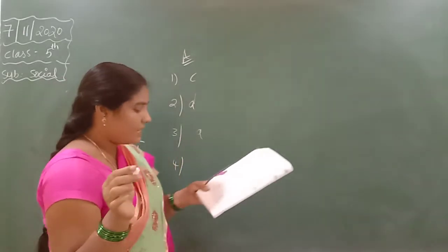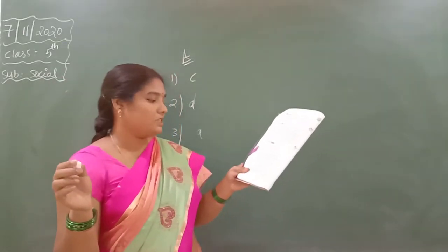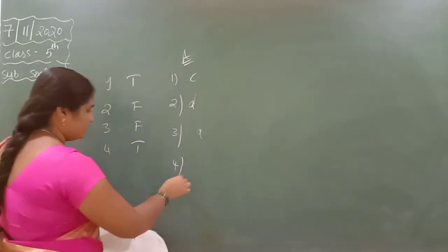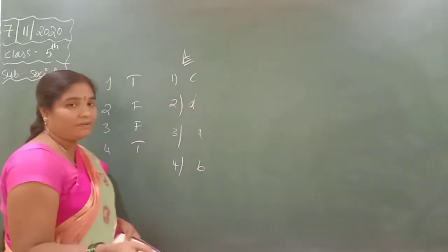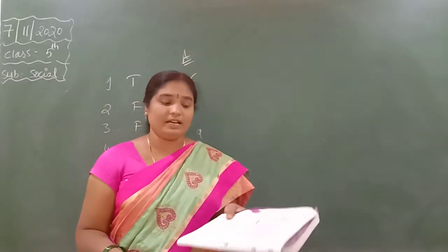Fourth one. The prime meridian passes through a place called Greenwich, which is near London.